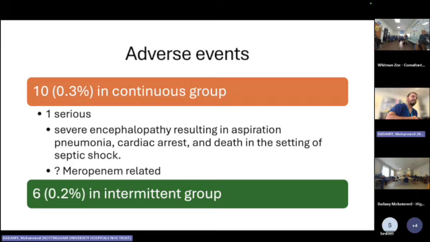And on studying this patient, they thought it might be meropenem related because encephalopathy might be a side effect of meropenem, and because he had the continuous infusion, this led to a high concentration of meropenem in the brain, so this may have contributed to his death.